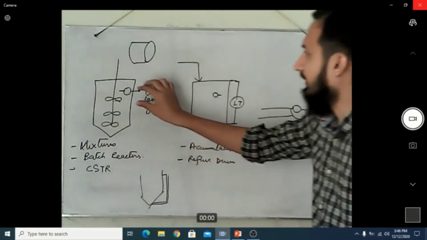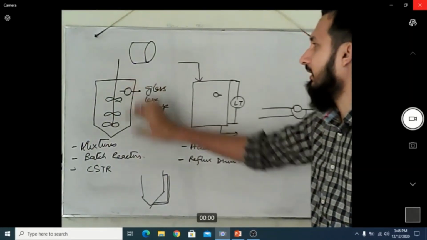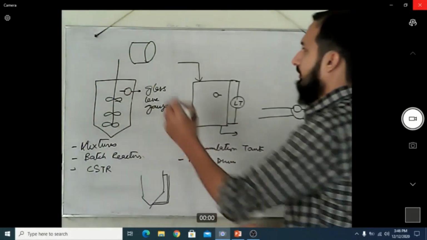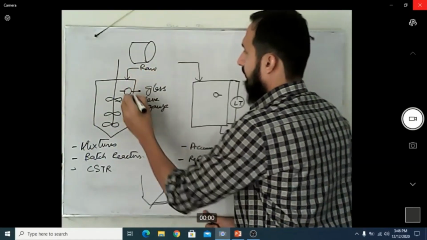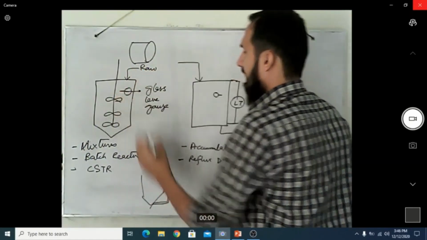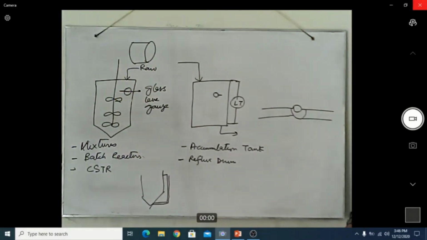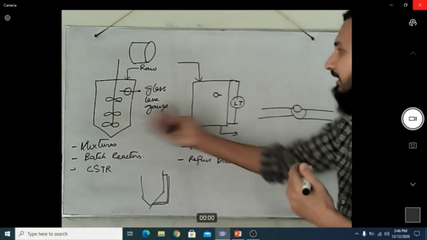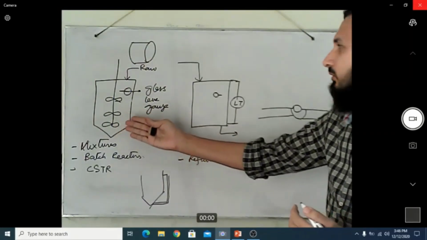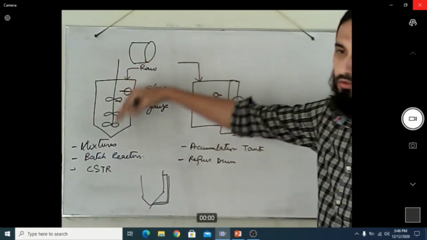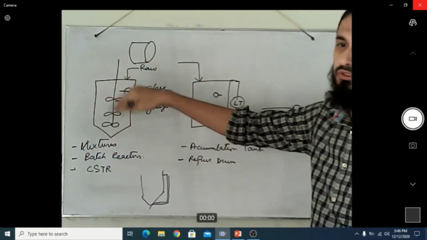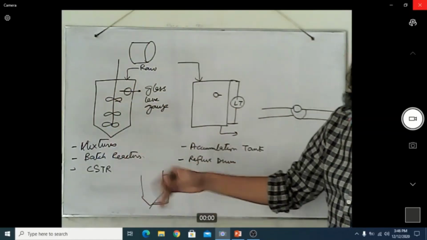You just need to attach this at the level part and insert your raw material up to that height. Your tank needs to run in a batch process. In a batch process, first you insert all the raw material, and then you start mixing or reaction or whatever.